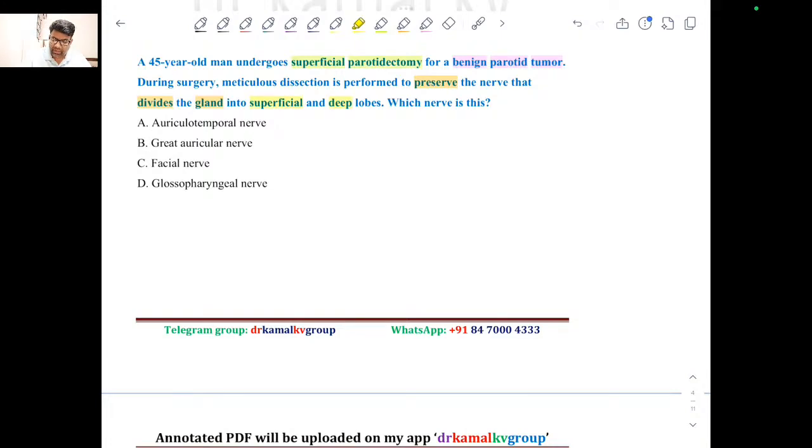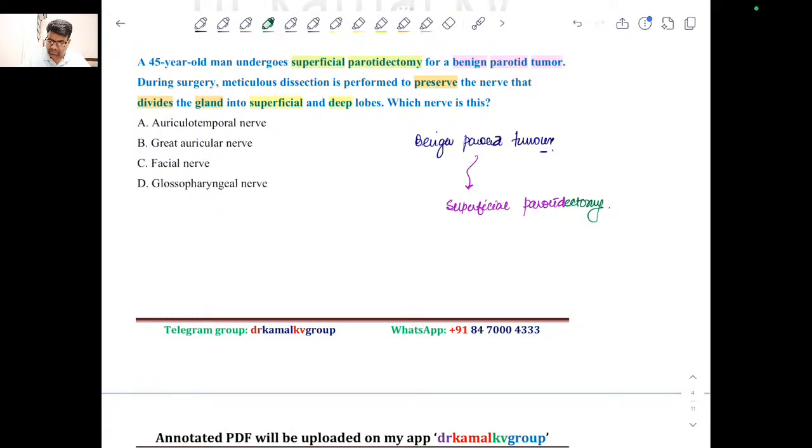So what is happening? Benign parotid tumor, right? So most likely a pleomorphic adenoma, and what surgery is being planned? Superficial parotidectomy, means removal of the parotid gland.